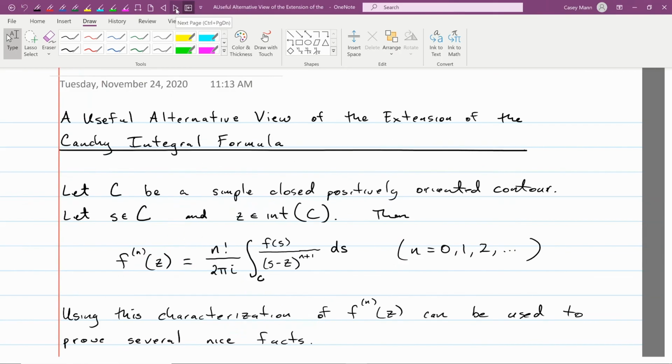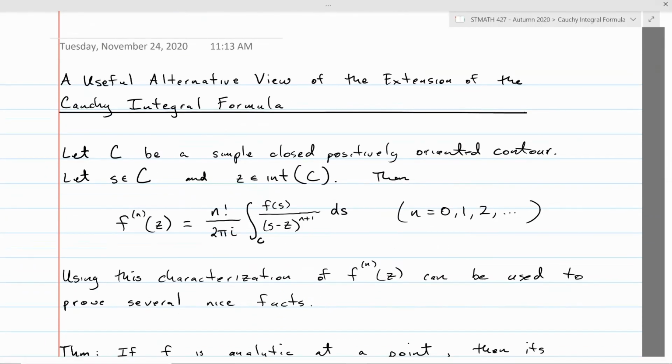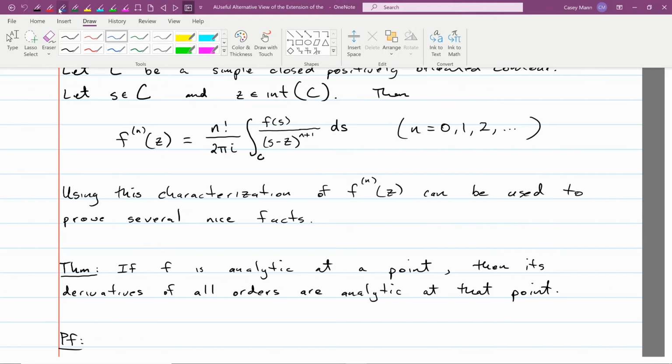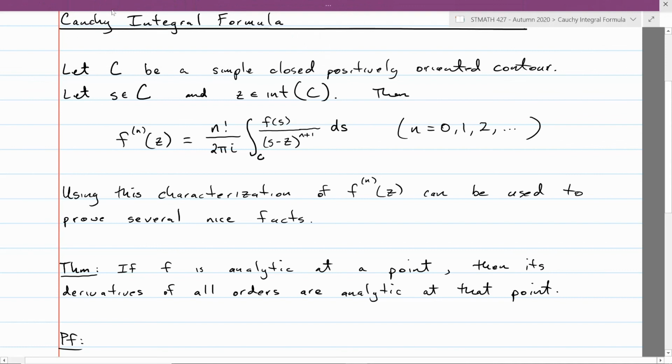Next up, we have several really big facts that are direct consequences of the Cauchy integral formula and its extension. It turns out to be really useful to recast the Cauchy integral formula and the extended version of it. Instead of the nth derivative at z naught, we think of z as a variable, where z is in the interior of the curve.